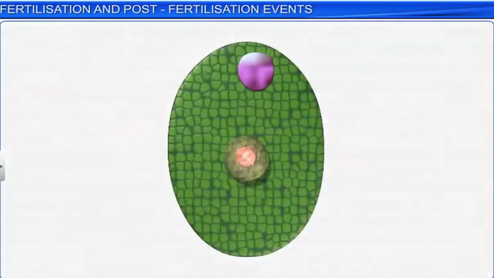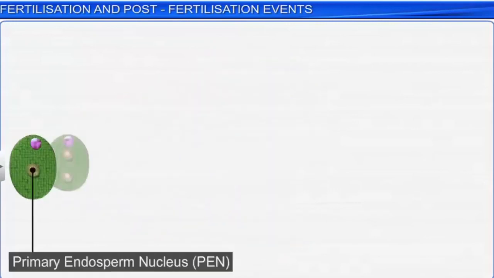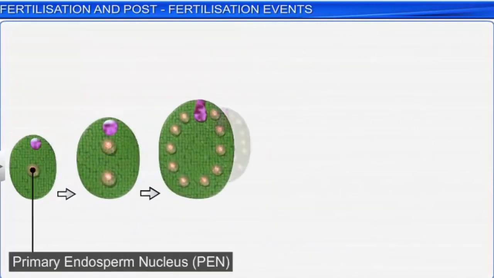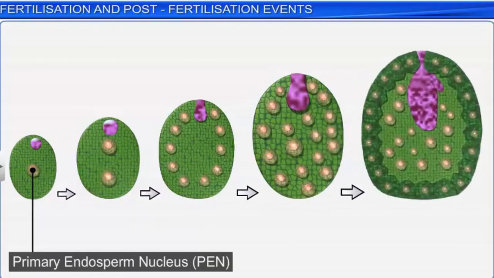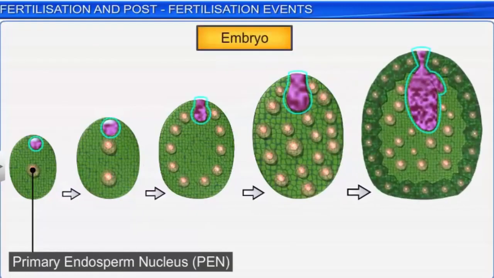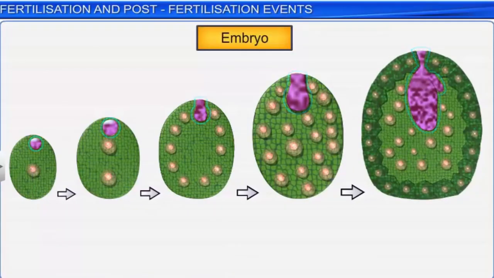Incidentally, the development of the embryo, also known as embryogeny, occurs only after a certain amount of the endosperm has developed.